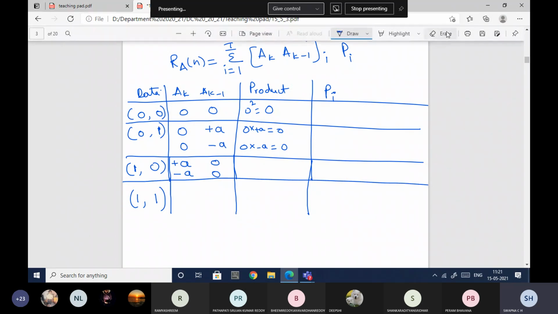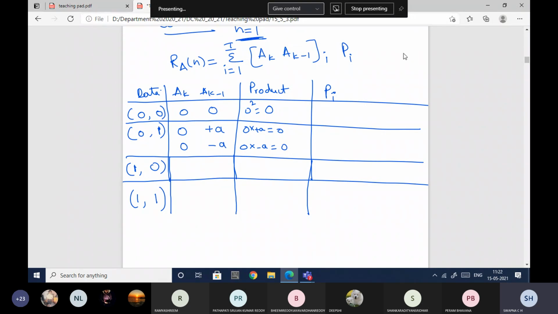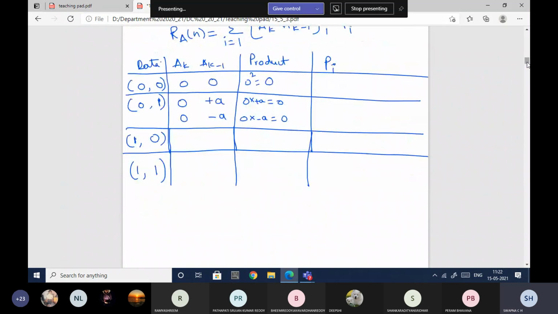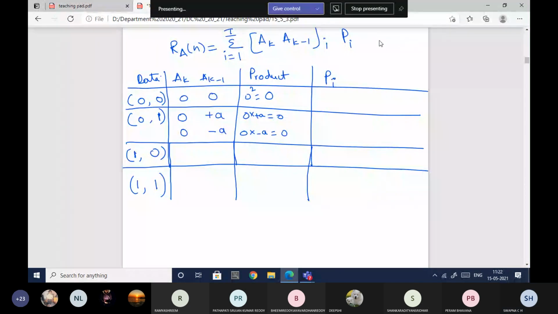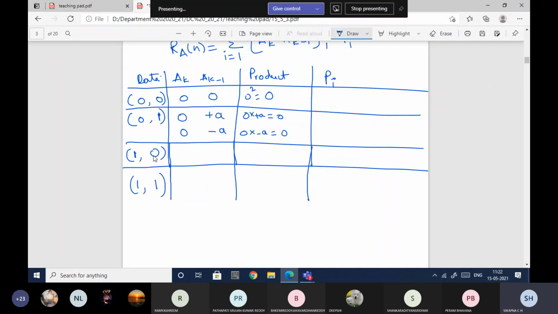I'll just rewrite this again. Okay, so I have a 1. This one can be either a positive a or negative a. So let me first take as positive a.